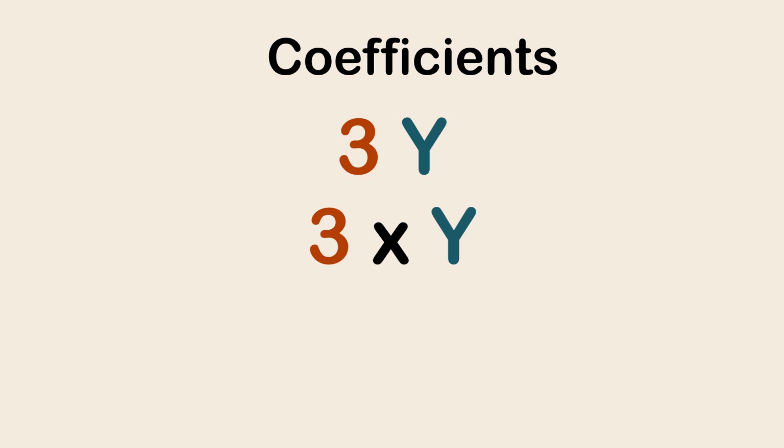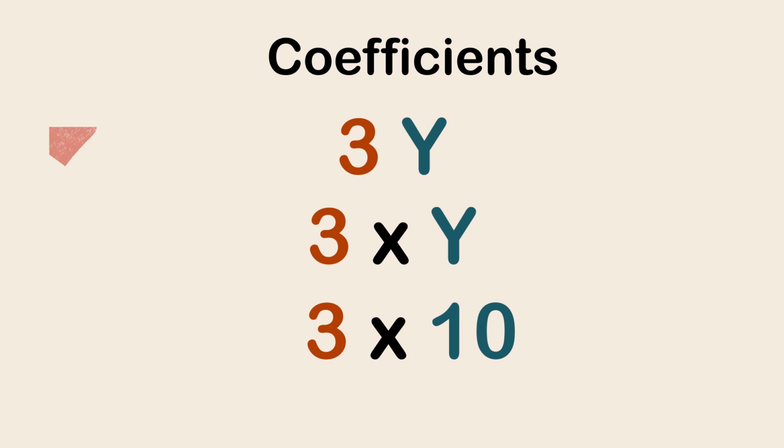And yes, in algebra, the only sign that can be invisible is the multiplication sign. They decided not to put it to avoid confusing it with letter x. So 3y is 3 times y. This means if y is 10, then 3y is 3 times 10, which is 30. The number 3 is the coefficient of y, because it works with y to produce a result.